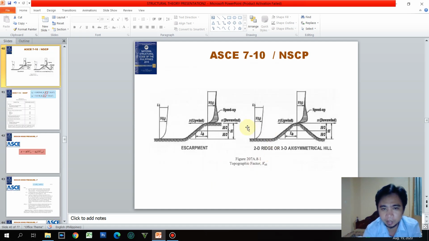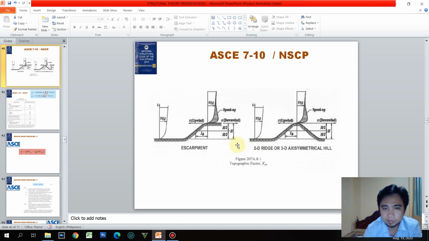Actually, here is the diagram. This is the LH, this is H over 2, this is H. If we have a 2D or 3D axisymmetrical hill, we have also that label. So I think this is quite similar.